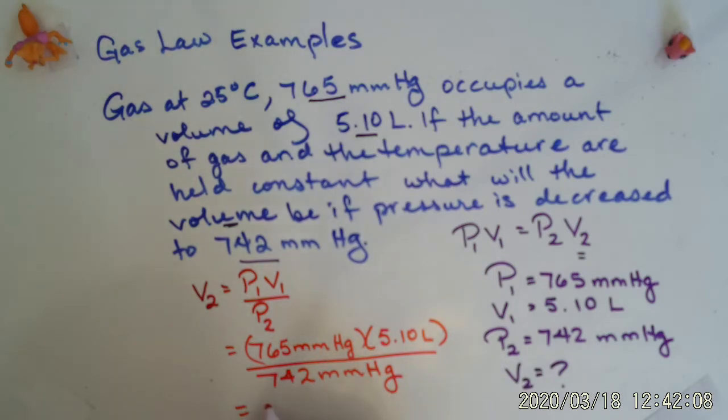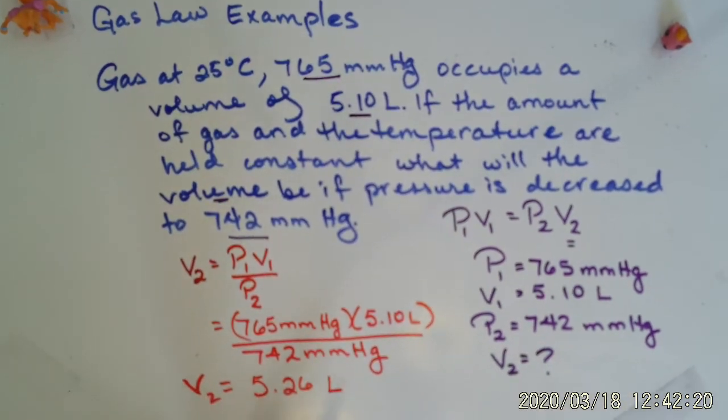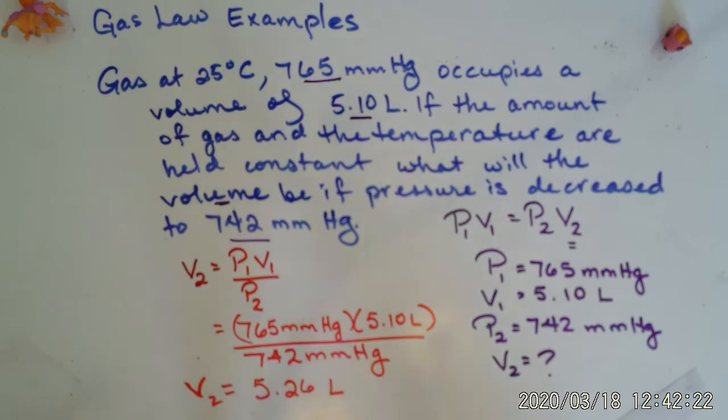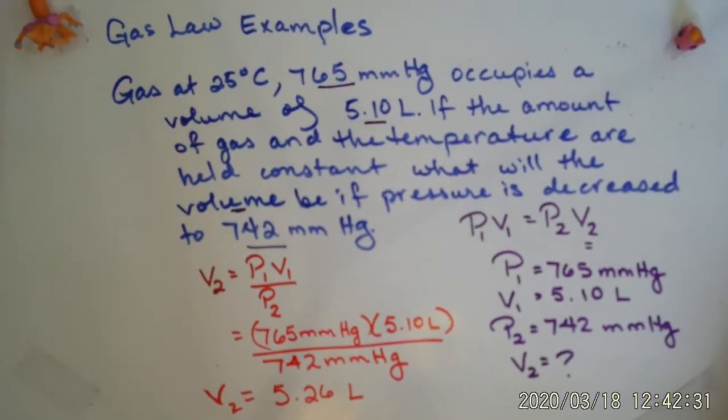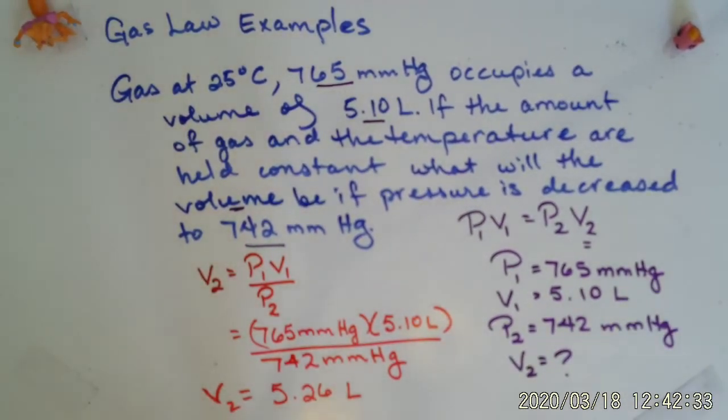We get 5.26 liters is our new volume. And the question is, does this make sense? Since I'm decreasing my pressure, my volume is going to expand based on Boyle's law, that they are inversely proportional. So because they decreased my pressure and my volume has increased, that makes perfectly good sense. Let's do one more example.